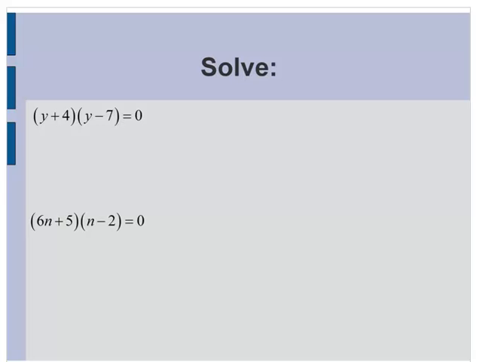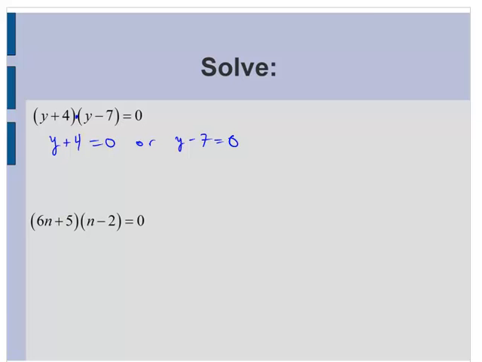Alright, so now, why don't you pause and try to solve these equations. Alright, so if I have y plus 4 times y minus 7 equals 0, I have a product of numbers equal to 0, then the first number equals 0 or the second number equals 0.